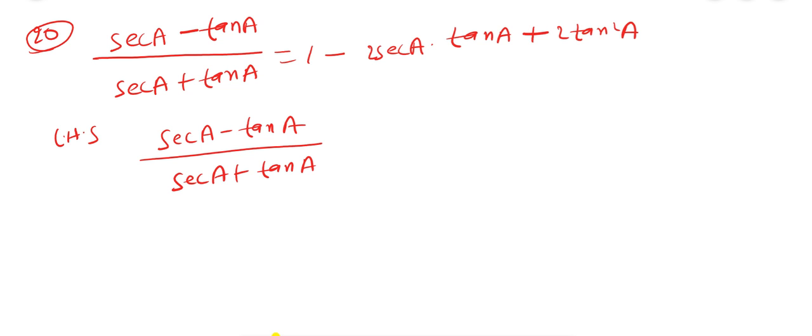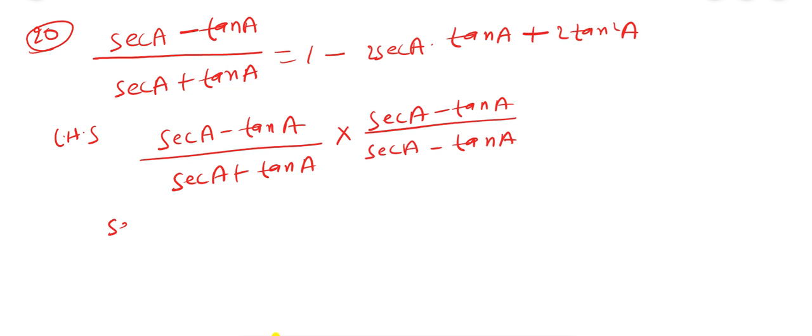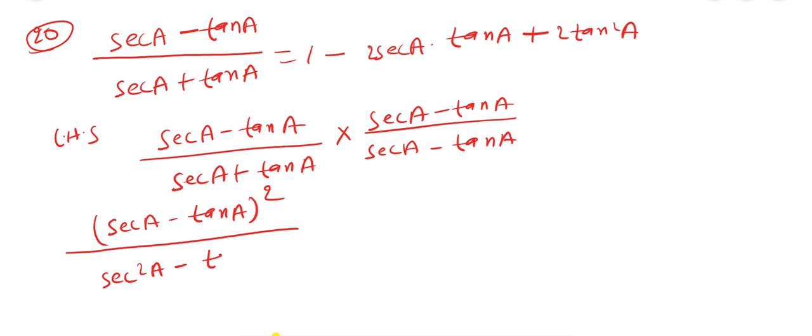So what I will do here is very simple. I will multiply by the reciprocal, sec A minus tan A divided by sec A minus tan A. So the numerator is sec A minus tan A whole square, and the denominator is sec square A minus tan square A, which is 1.